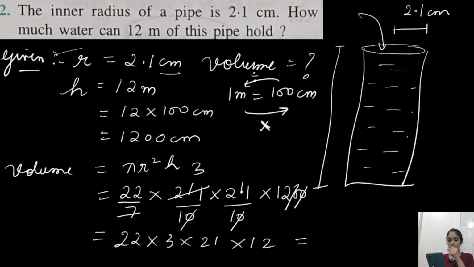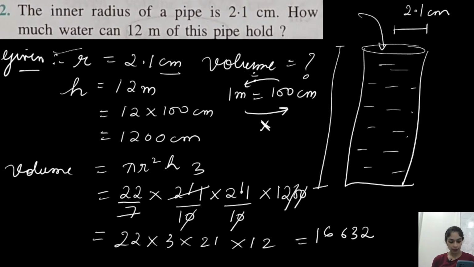See, 16,632. So which one is the correct answer? Okay, so maximum students have given this one, and just keep on checking the back book answers also. 16,632. I hope this is the correct one.